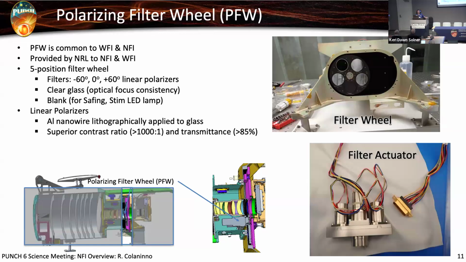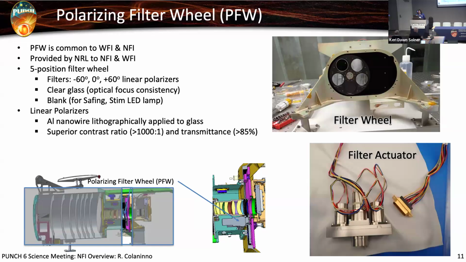And they have a polarizer at -60, 0 degrees, and 60 degrees linear polarization, and then a clear glass filter, which is to provide the same optical path length as the polarizers, and then a blank. It's just a piece of black aluminum, for safing or to do calibration testing with the LEDs that are in the camera behind that filter wheel.